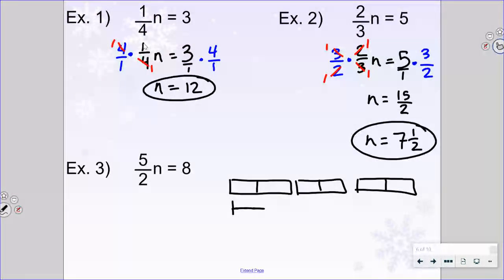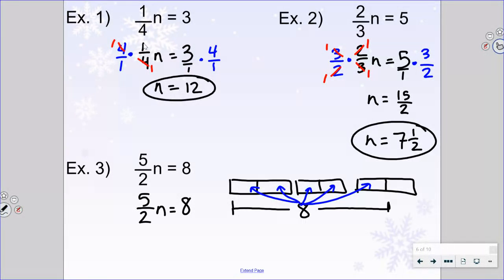Here we have 5/2 of something, which is 8. So we're going to have to split it up into 1, 2, 3, 4, 5 parts. So what we're going to do is take 5/2 of something. We're going to split it up into 5 parts.